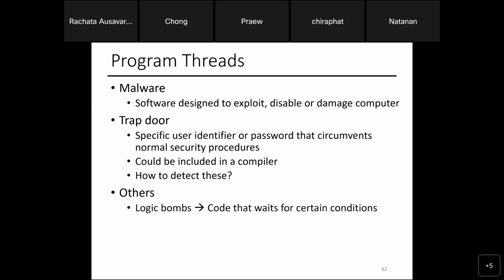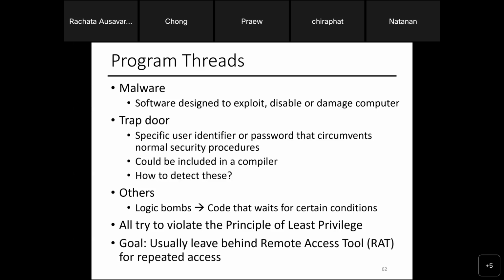You can have a logic bomb, which is code hidden in a program that waits for a certain thing to happen. If that certain thing happens, it triggers, right? These all try to violate the principle of least privilege that we talked about when we talked about OS protection, right? So usually they would also leave behind some remote control for the attacker that can repeat the process again.